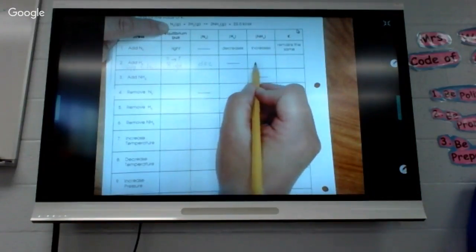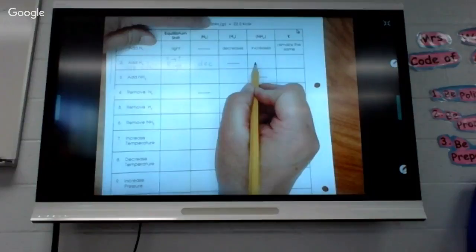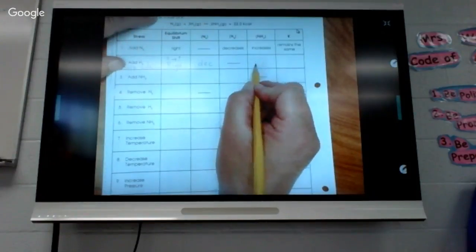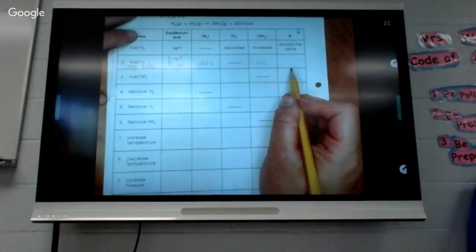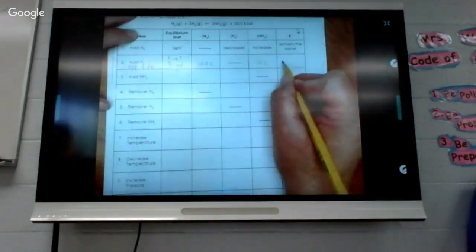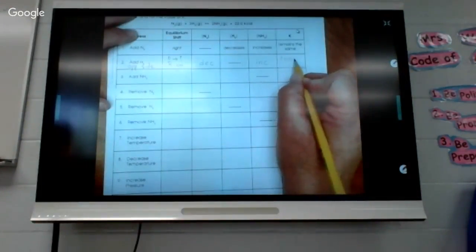Where is NH3? It's going to increase. Now K, I'm not asking you to fill the column for K in, but what's the only thing I told you would change K? Temperature. So it's basically going to remain the same.